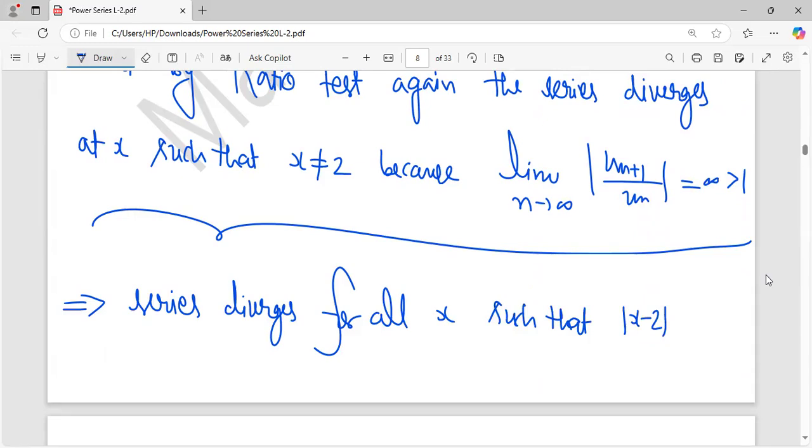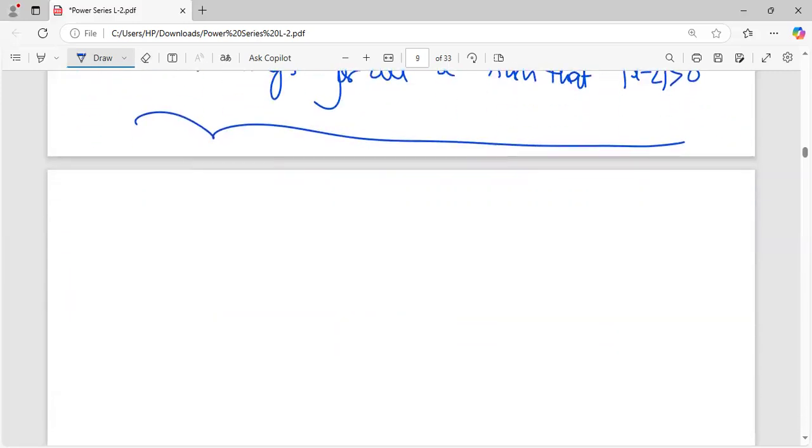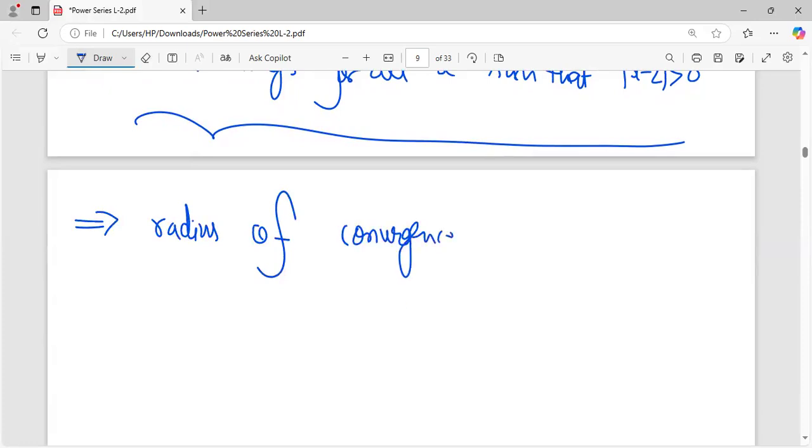Okay. So what does it mean? What is R? R is 0 here. So the radius of convergence is 0. It means R is 0.